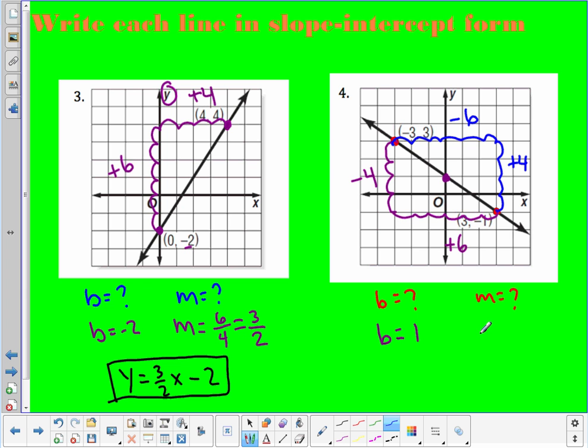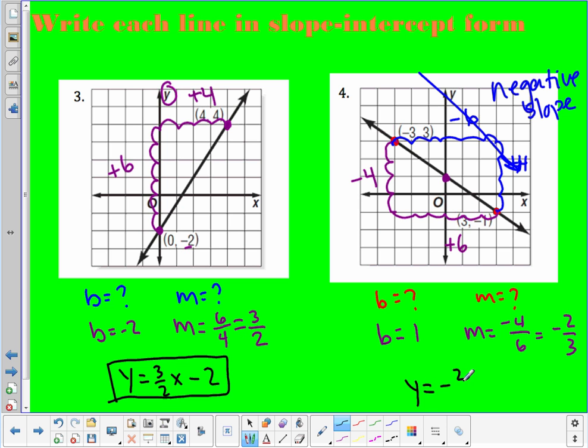Either way you look at it, you should end up with a negative slope, and that's because your line is decreasing. So my slope is rise -4, run +6. Again, I want to reduce it, so that's -2/3. So the equation of the line would be y equals -2/3 x plus 1.